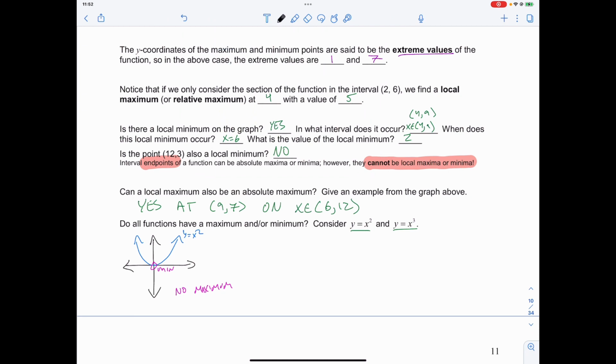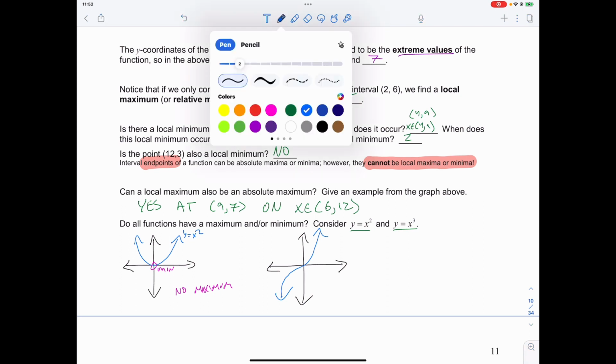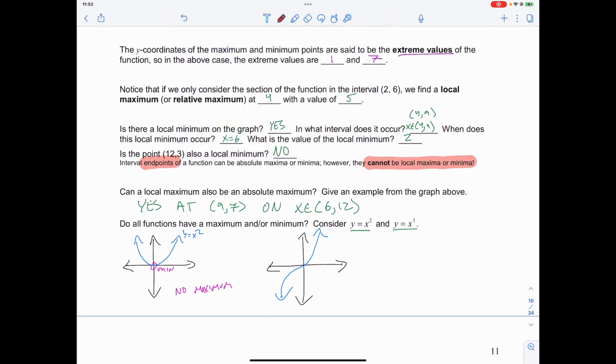When we do y is equal to x cubed, then in this case, there is no minimum or maximum.